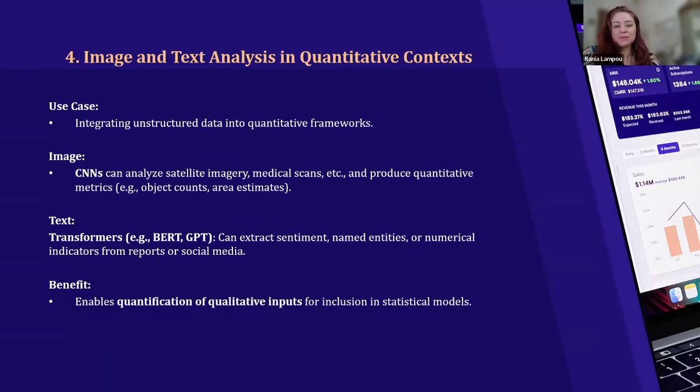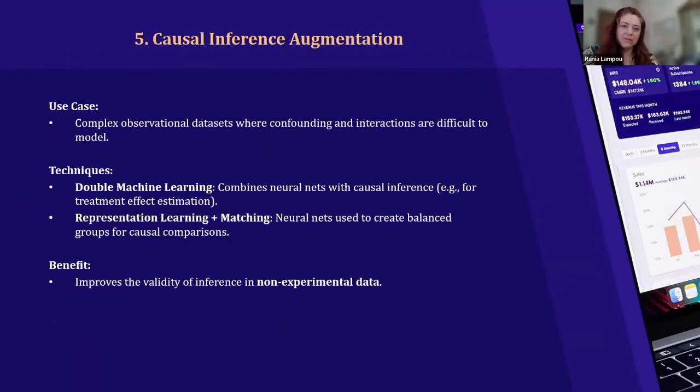Image and text analysis in a quantitative context: the benefit is that we can enable quantification of inputs for inclusion in statistical models. Causal inference augmentation is used when complex observational data has confounding interactions that are difficult to model, so this improves the validity of inference in non-experimental data.